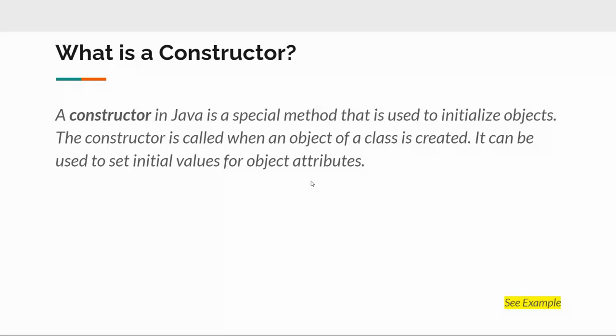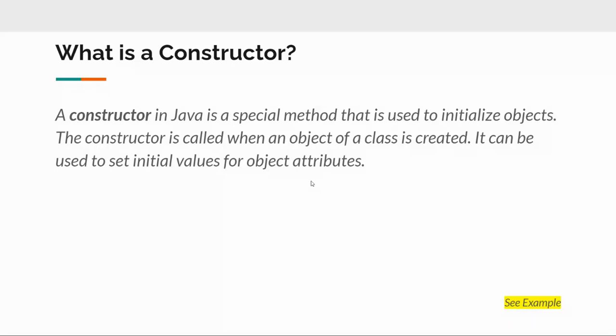This special method, which we call constructor, is used to initialize objects. That means we can use constructor if we want to put initial values or attributes to our objects. Later I'm going to show a demonstration.